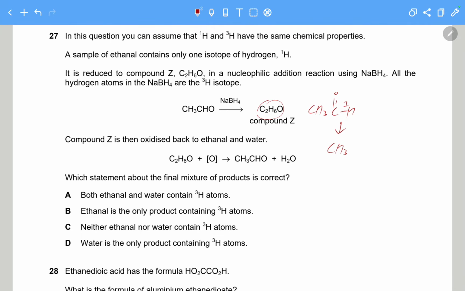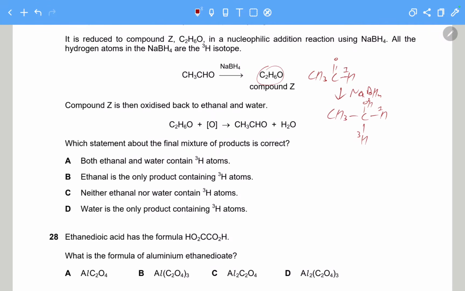So this is H1. This undergoes reduction with NaBH4, which has only H3, to give CH3COH. This will be H3 because the NaBH4 is H3, H1 which was already present in ethanol, and H3 which has been added to the ethanol.